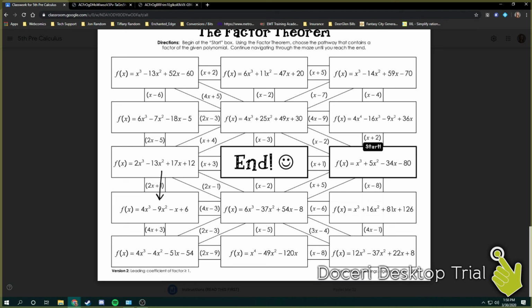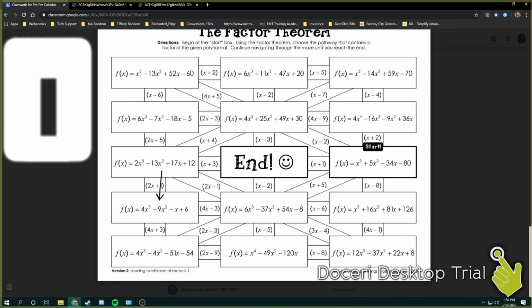And so we're going to show why 2x plus 1 is indeed a factor of 2x cubed minus 13x squared plus 17x plus 12. Mouthful. Two, negative 13, 17, 12.